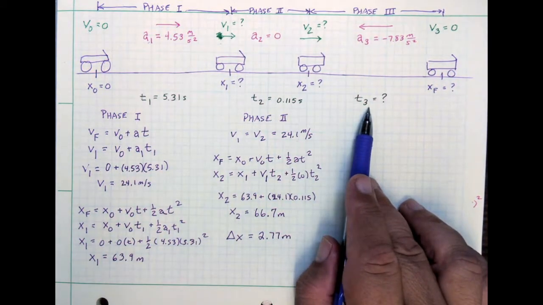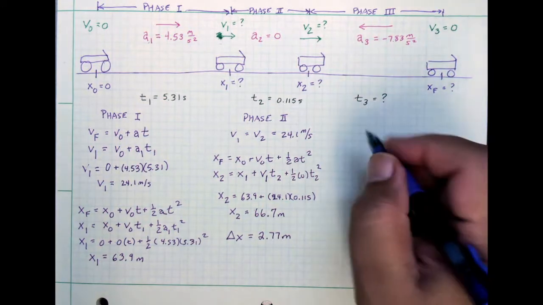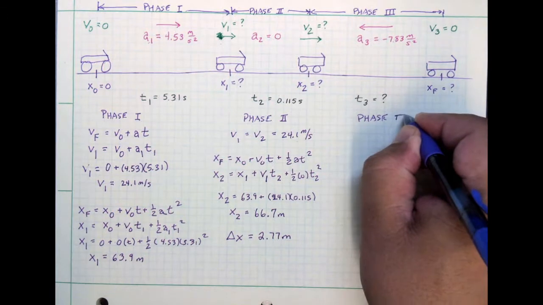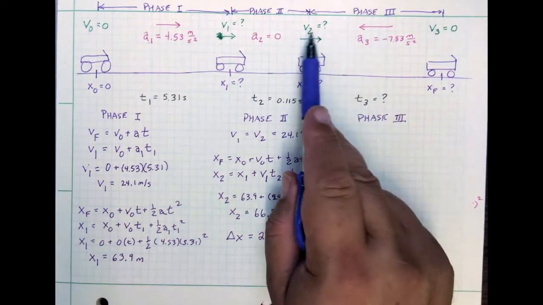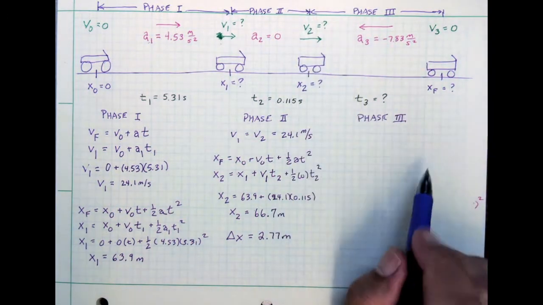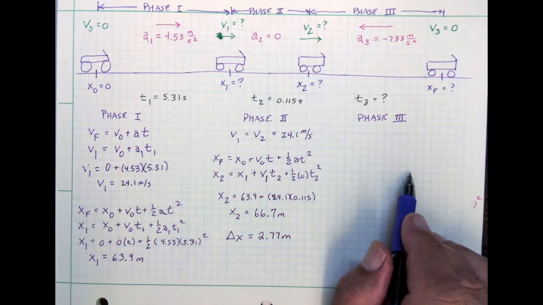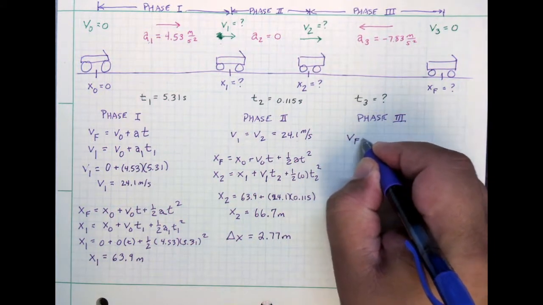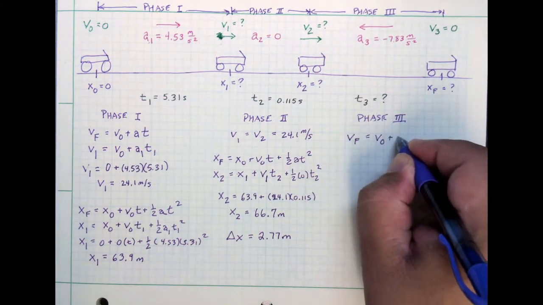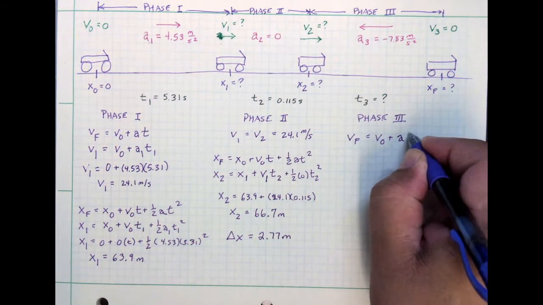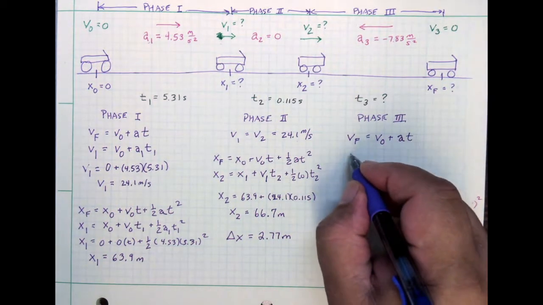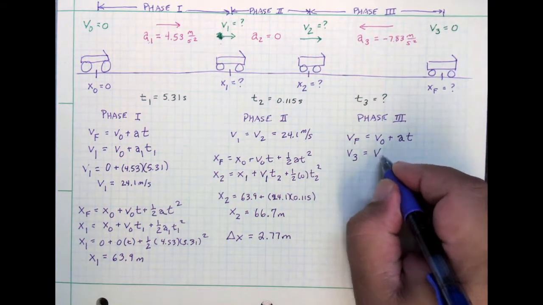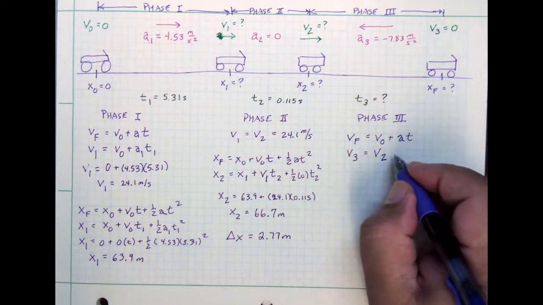We do not know the time to come to a stop in phase 3, but that is easily solved because we know the initial velocity in phase 3, which was the final velocity in phase 2. So we can once again go to the first kinematics equation. V final equals V naught plus AT. In this case, the final velocity is V3, which is 0. The initial velocity is V2.